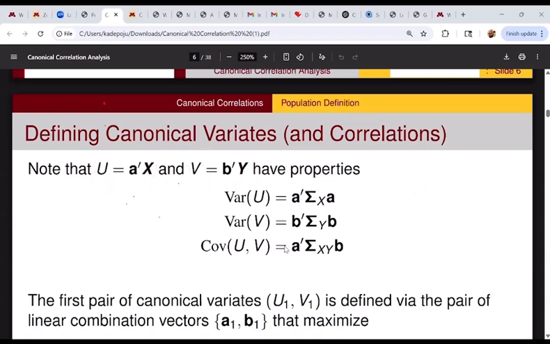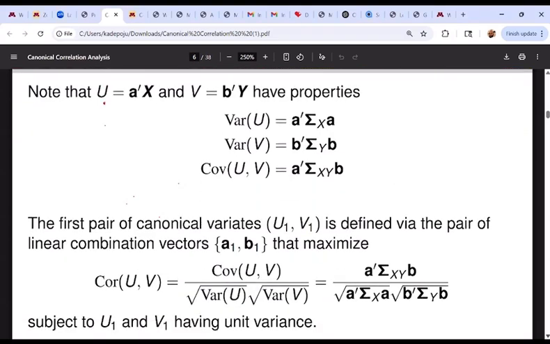Now I have this set up. The very first thing I'm going to do is find the first pair of canonical variates. Why do I have U1, V1? Don't forget, in principal component analysis, when I was focusing on linear combinations, we had the first principal component, the second principal component, and so on.